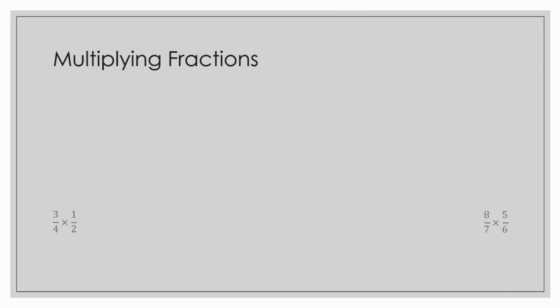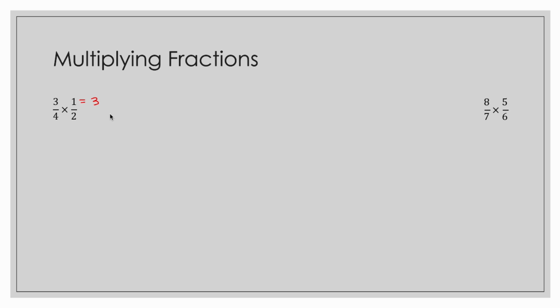So let's try some examples. Let's take the first one, 3/4 times 1/2. These are common fractions that we see quite often. So let's just follow the steps. First we multiply the numerators. So 3 times 1 is equal to 3.